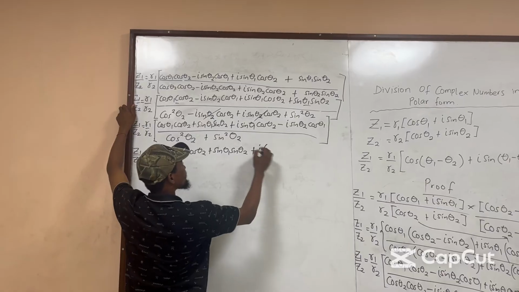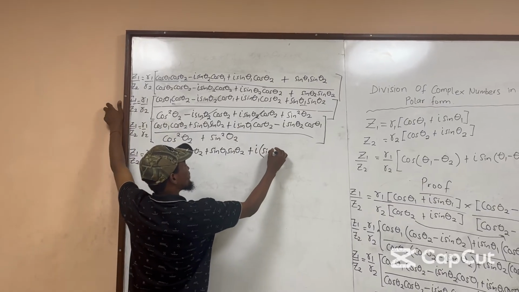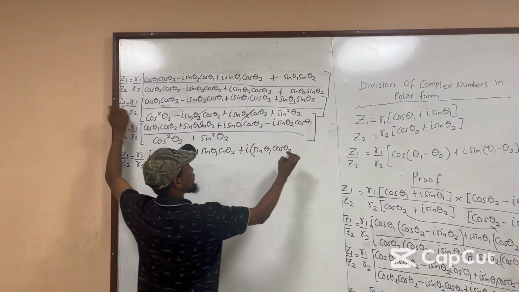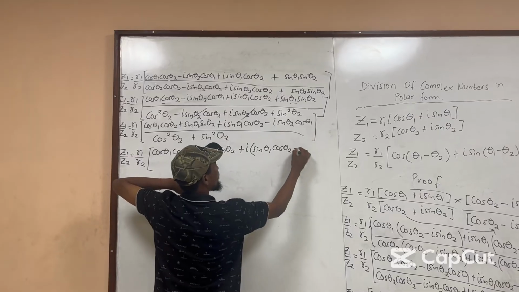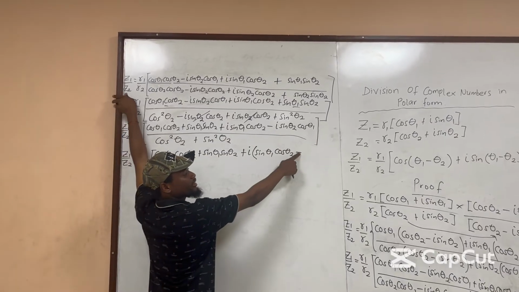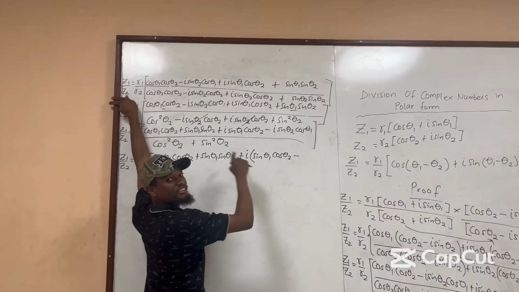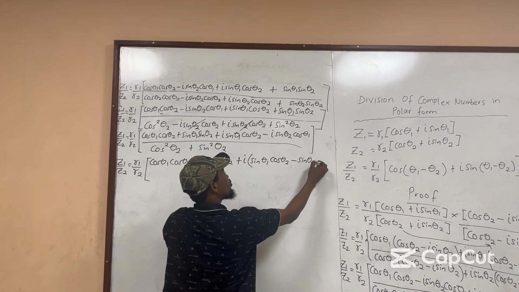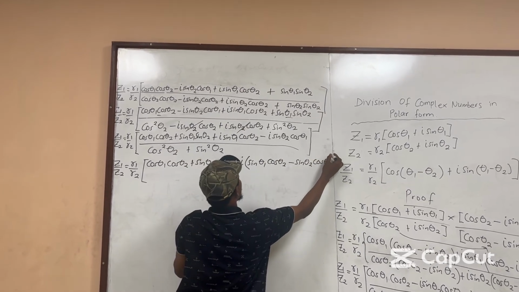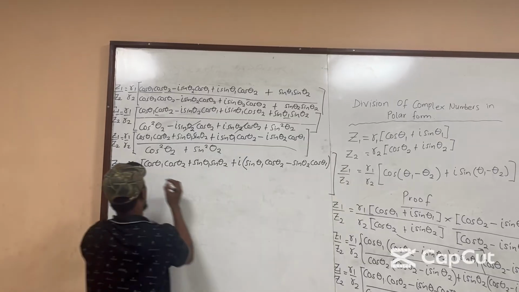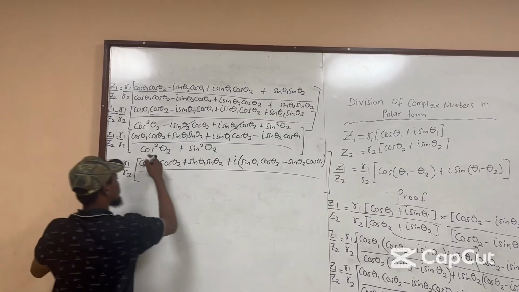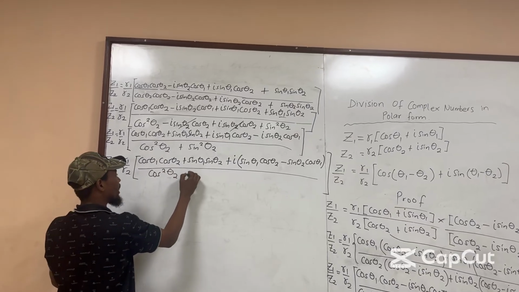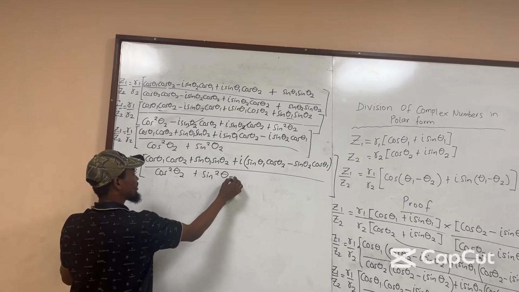So you have I, then you have sin theta 1, then we have cos theta 2. Then we have minus here, because positive times negative gives negative. Then we have sin theta 2, then we have cos theta 1 this way, all over cos squared theta 2 plus sin squared theta 2.